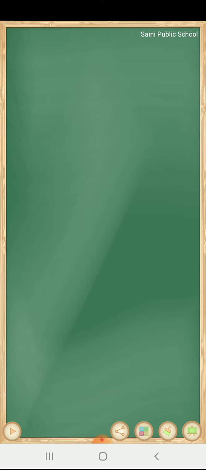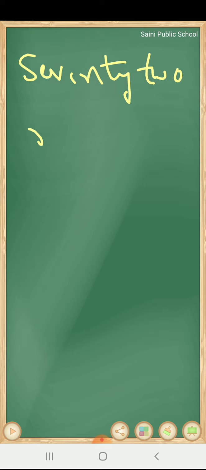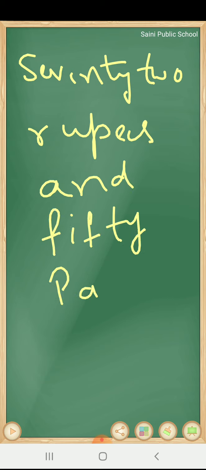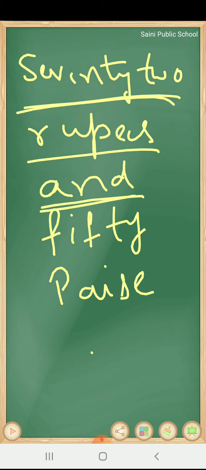For example, if I want to write 72 rupees and 50 paise. This is the question given to you. Now here is 'and', so we will write a dot here, and this is the number in rupees and this is the number in paise.